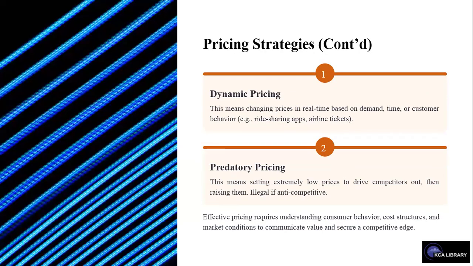Another is the dynamic pricing. For the dynamic pricing, this is changing prices in real time based on demands, time, or customer behavior. An example of this is ride sharing app, the airline tickets, and lastly, we have the predatory pricing, and this means setting extremely low prices to drive competitors out and then raising them.